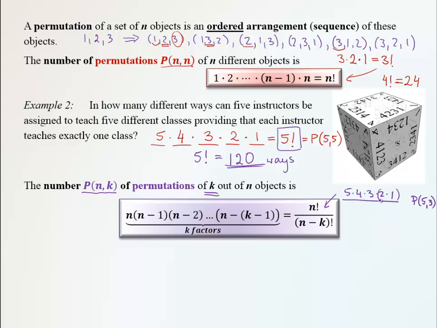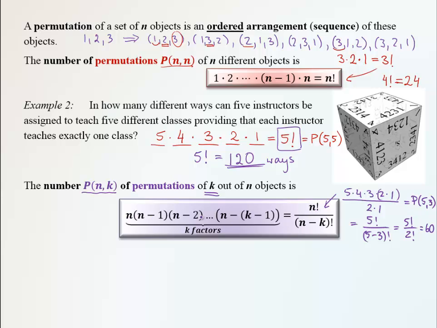So what we do, we're trying to cancel this part, therefore we divide by 2 times 1, which really means that we are taking 5 factorial and dividing by (5 minus 3) factorial, which is 2 factorial. And in this case, that becomes 20 times 3, which is 60. So there's 60 ways of permuting 3 objects out of 5 possible objects.